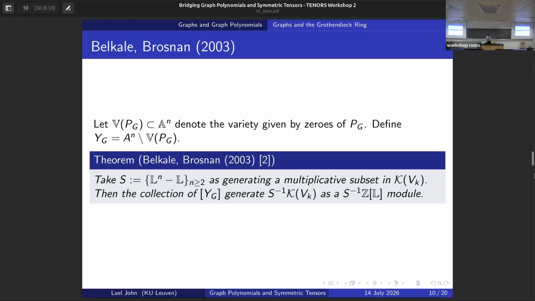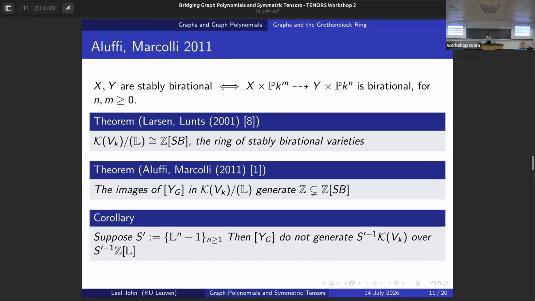So is this something that's going to hold if I don't localize? Is it going to hold if I don't consider this as a ring over S inverse Z[L]? If I remove L, does that change anything? And unfortunately, yes, this localization is specific.